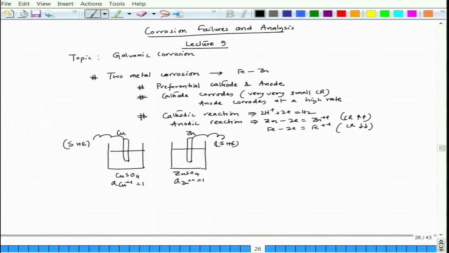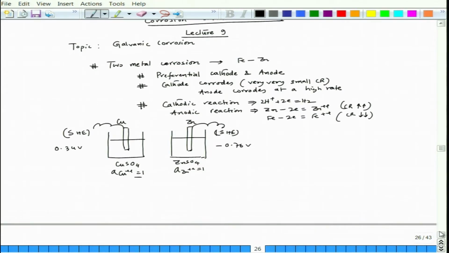Now, if we maintain this condition, the potential comes out to be 0.34 volt for copper, and here it will be minus 0.76 volt. Now, how is this potential coming?